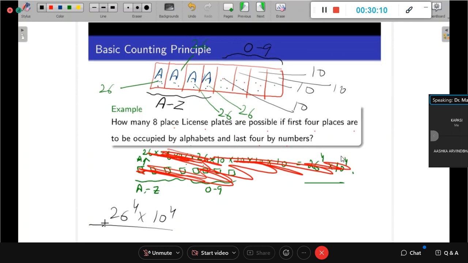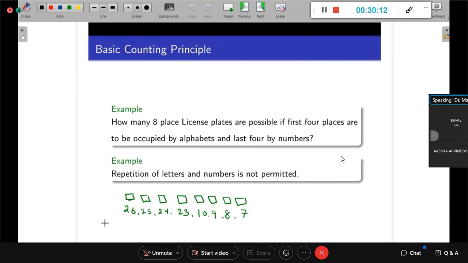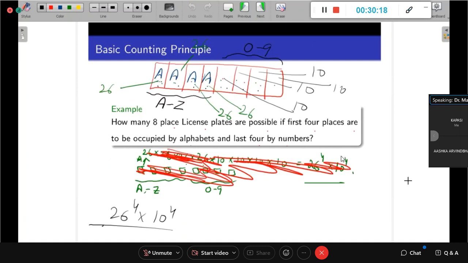Now let's move to the next example. Suppose repetition of letters and numbers is not permitted. Okay, means the earlier case is not possible.